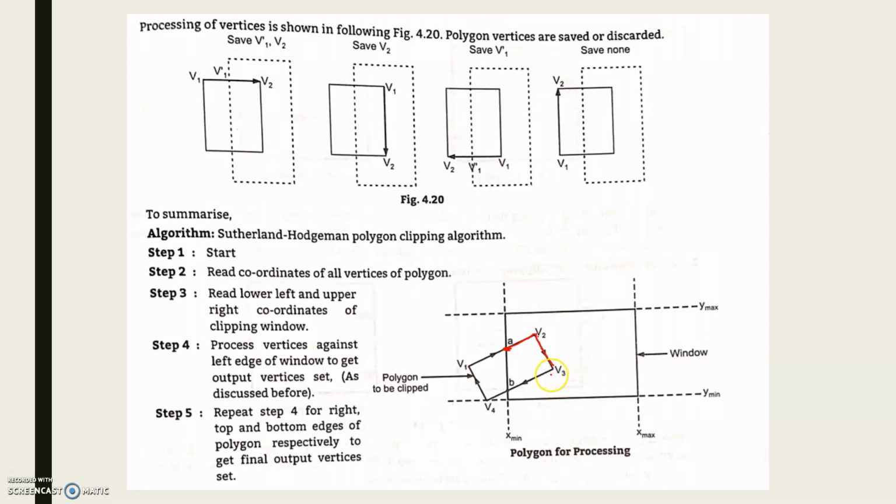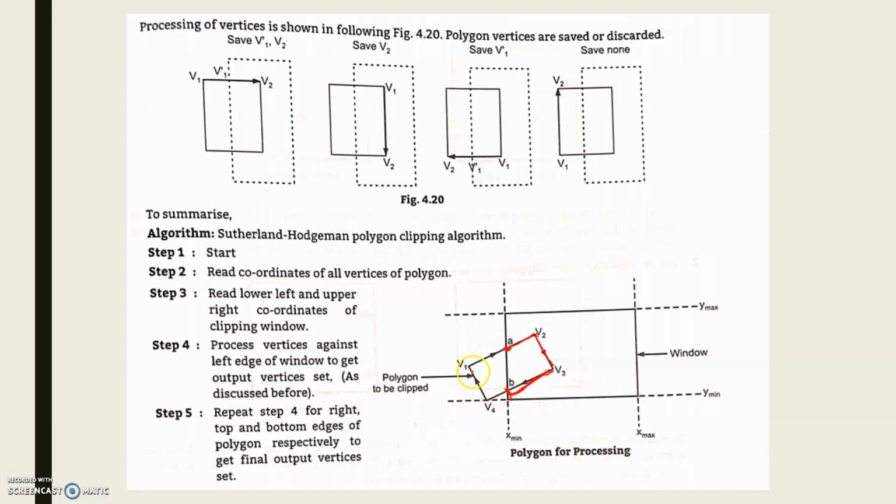Then while considering V3, V4, you can see V3 is inside the clipping window and V4 is outside the clipping window. Then you have to consider the line from V3 to the intersection with the clipping window. Only this part will be displayed.